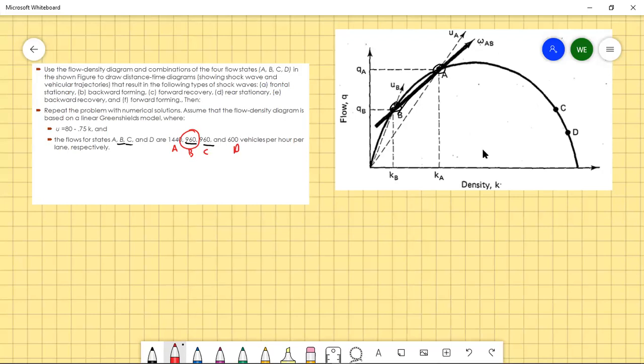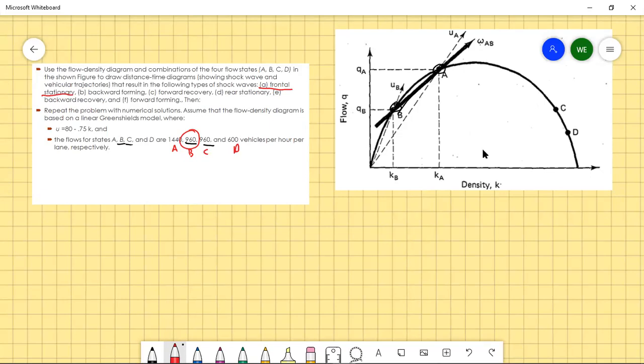Now you are seeing the example? Yes. So we start first with A, frontal stationary. Frontal stationary means the shock wave is not changing. It's not moving forward or backward, but it's separating between two flow conditions.